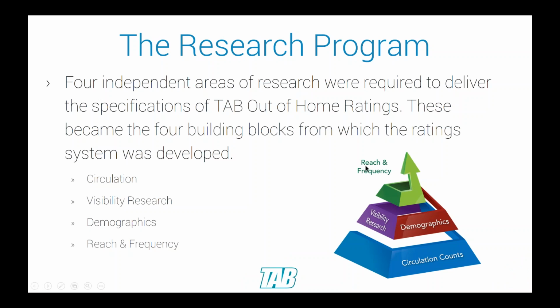A quick reminder, in our research program, we have 4 key components. We have 4 key building blocks from which the rating system was developed. This was based on the actual specifications that were delivered to TAB about how to build the system and what needed to be a part of it. Right there at the base is our circulation counts. It's all of the expertise that we've developed here since 1933.